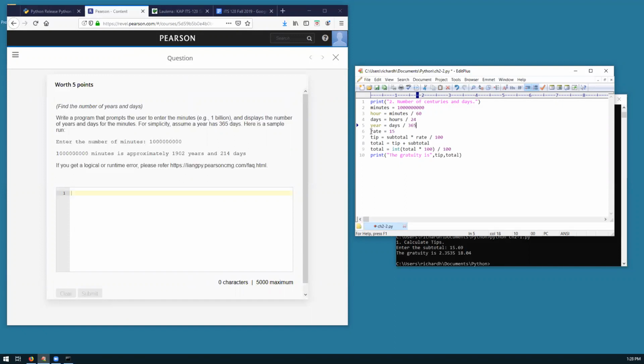Let's see. Get rid of this. Years and centuries equals years divided by 100. Okay, now these should all be integerized. So I'm going to make this an int.